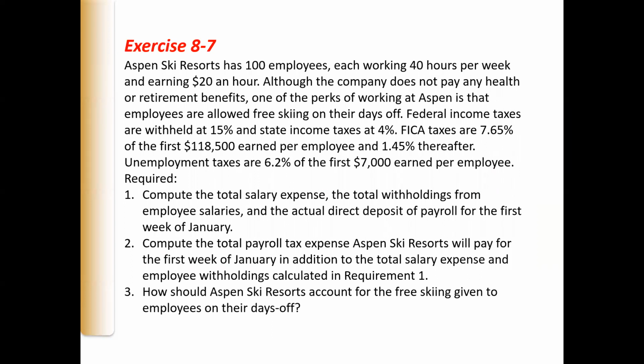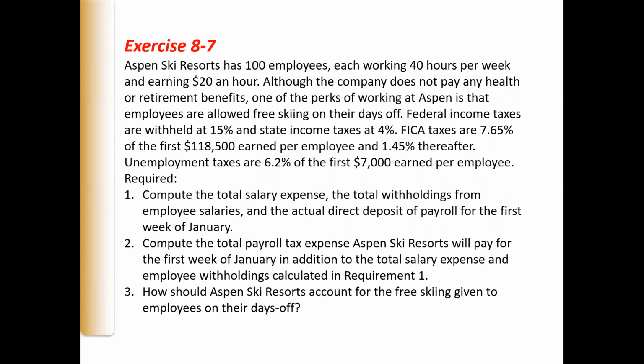Federal income taxes are withheld at 15% and state income taxes at 4%. FICA taxes are 7.65% of the first $118,500 earned per employee, and then 1.45% thereafter. Our unemployment taxes are 6.2% of the first $7,000 earned per employee.